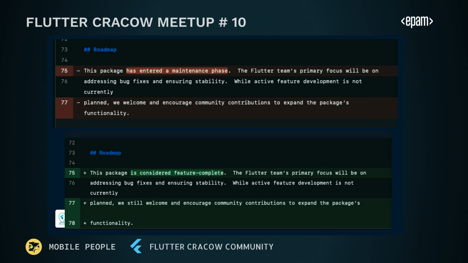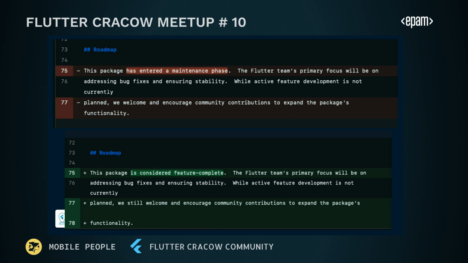But lately, there is this new information from the Flutter team. On the top, it is like 2 commits ago, let's say, and on the bottom, it's 1 commit ago. They first put it in the maintenance phase, and then they said they consider it feature complete. I'm talking about the Flutter team because they're the owner of this library.